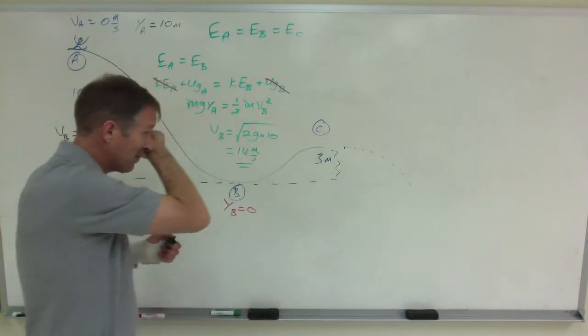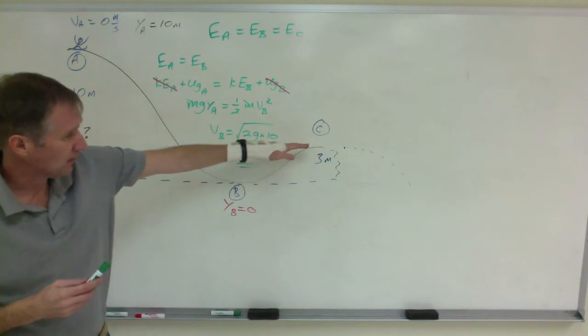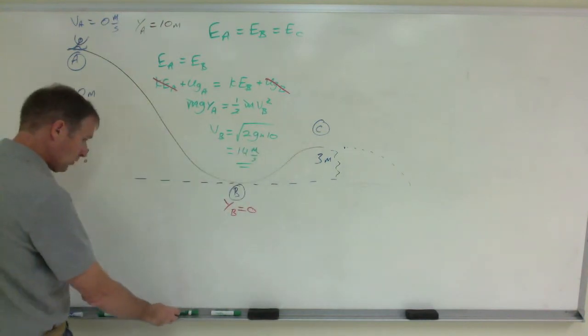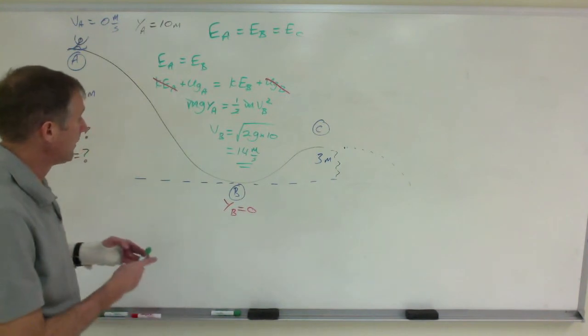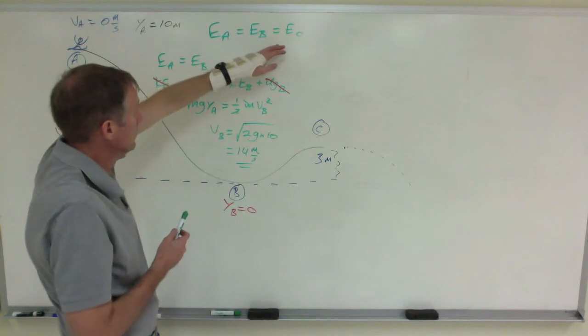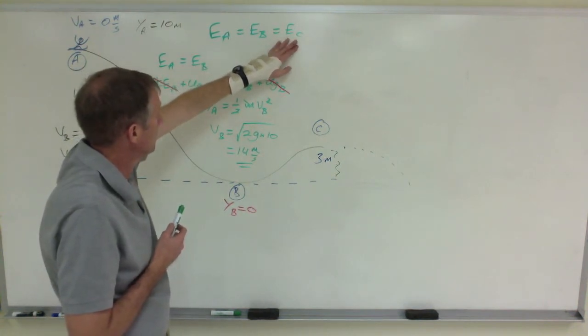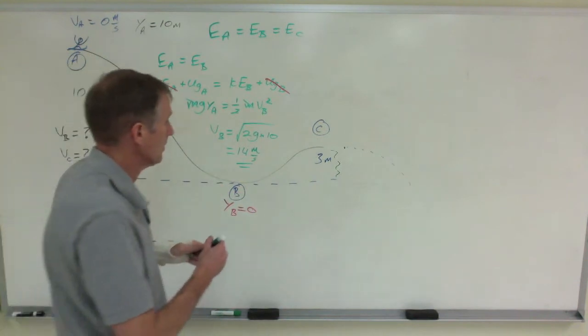Now, what's the speed at C? Well, it's going to be less than that because as you go up, you're going to gain some height. Well, you can do one of two things. You can compare the energy at B, which is all kinetic, to the energy at C. Or you can compare the energy at A to the energy at C. Either one will work.